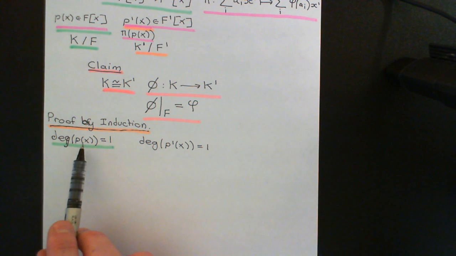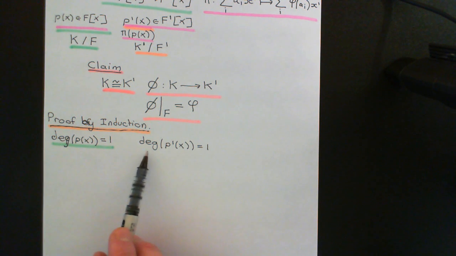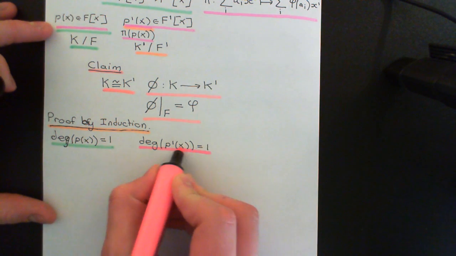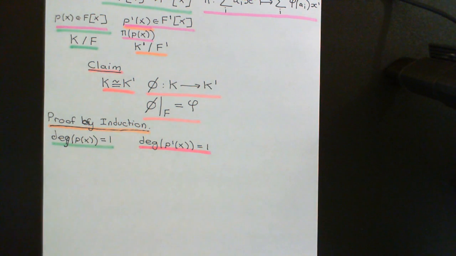So if the coefficient here was not 0 in front of the x to the power of 1 term, then it won't be 0 here, so the degree of the polynomial will remain the same. And all the 0 coefficients will obviously go to 0, so truly the degree of the polynomial will not be changed by an isomorphism in this way.